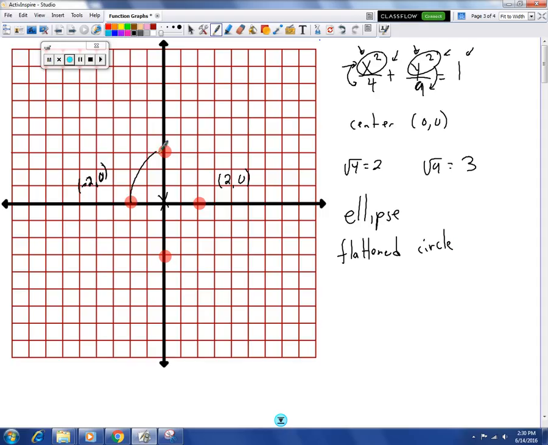The ellipse would look approximately like this. Whereas the circle would look like this. That's what a circle would look like. So that black ellipse is really just that red circle flattened out. So let me get rid of the circle.